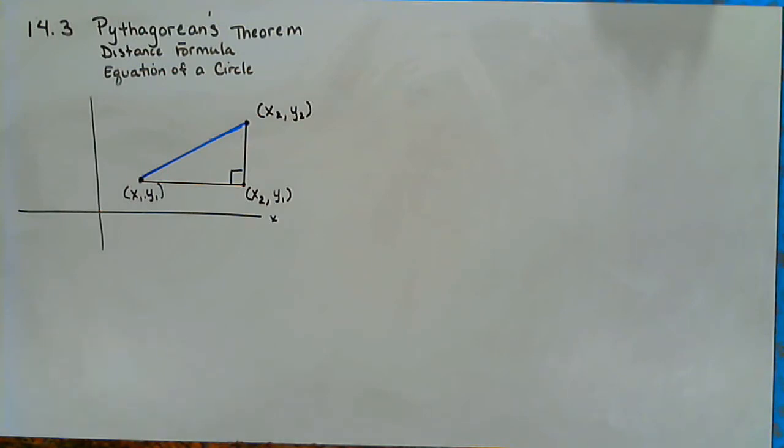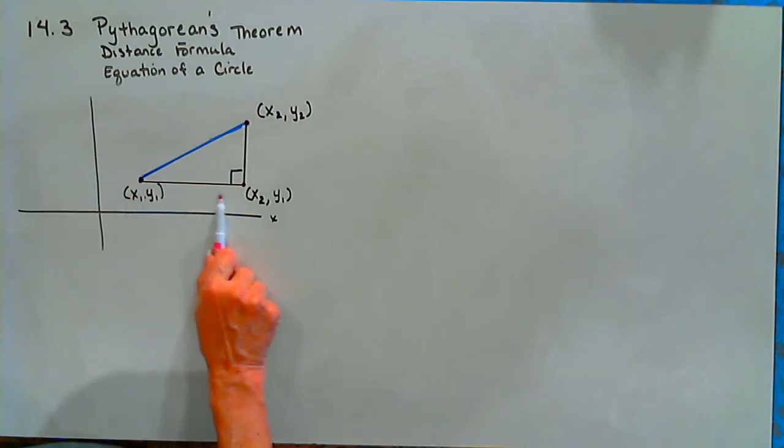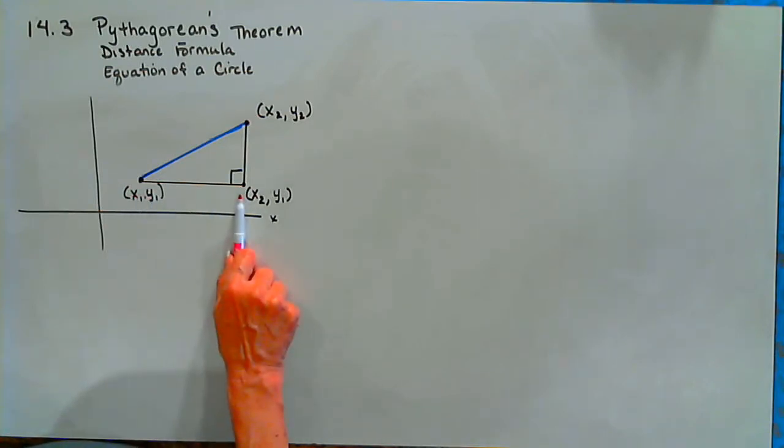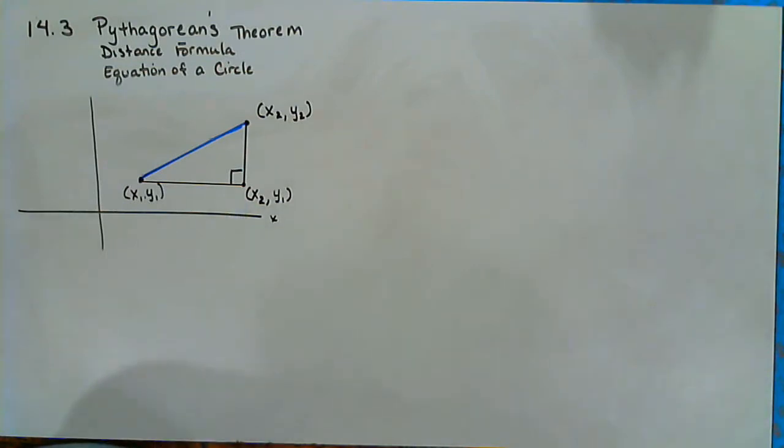And then what we can do from here is let's figure out how long each of the sides are. So if I go from the first point to the second point in the x direction, well, think about any number line. How do I figure out how far apart 2 numbers are? I come up with their difference.